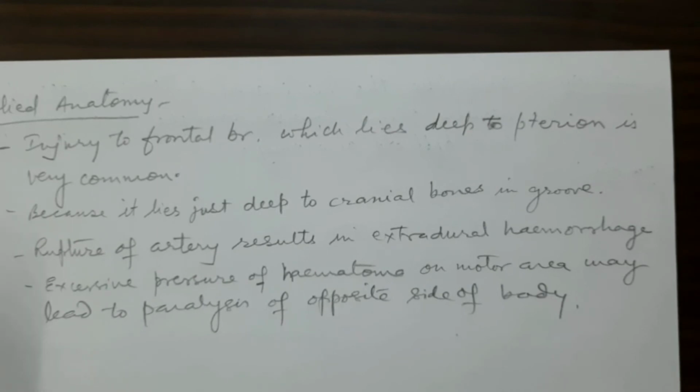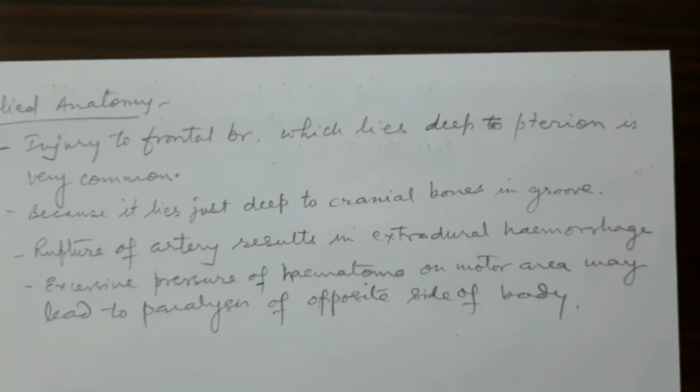The motor area will be under pressure, and this will lead to paralysis of the opposite side, because the fibers arising from the motor area, the precentral gyrus, cross to the opposite side in the medulla at the pyramidal decussation. So they will supply the muscles of the opposite side.